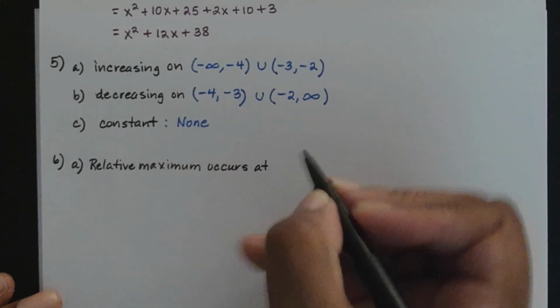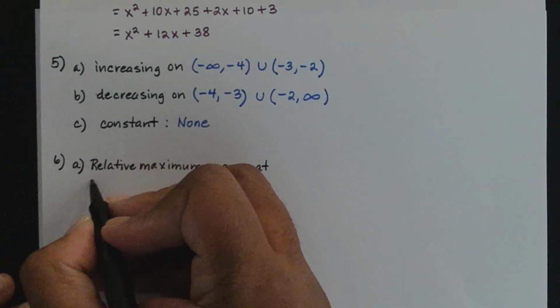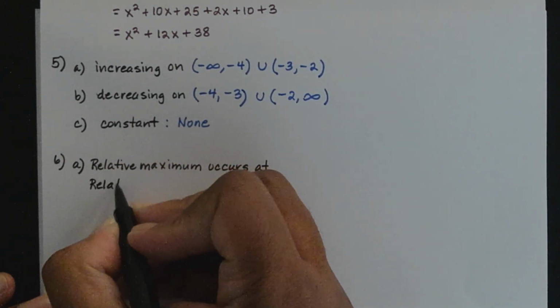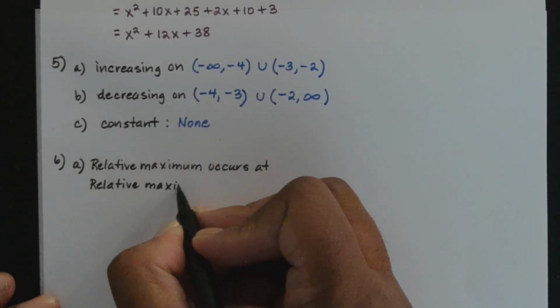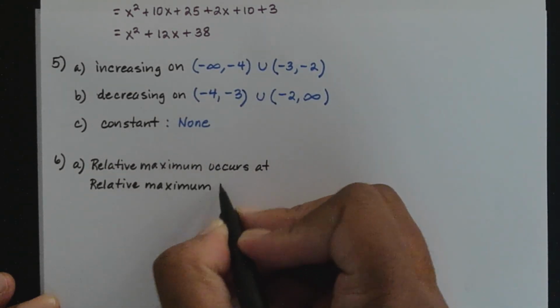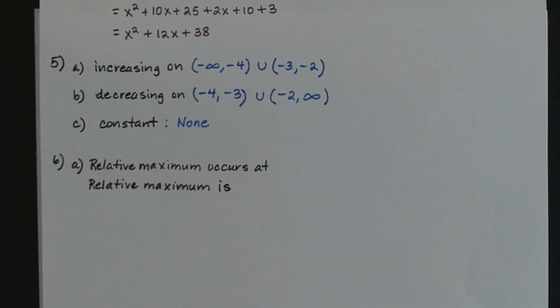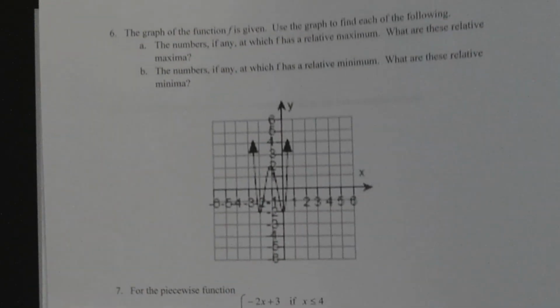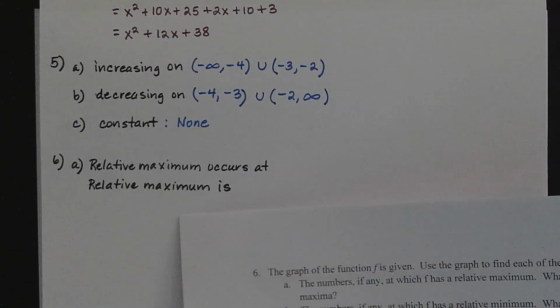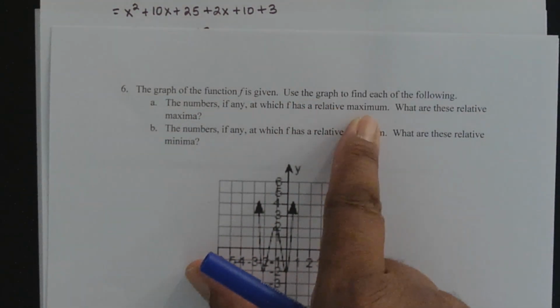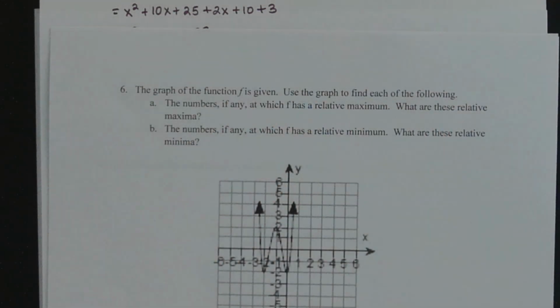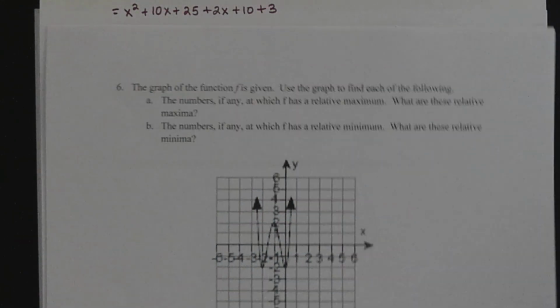That means we're trying to find that x value itself, and then the relative maximum would be your y value. Yeah, because you want the x value for which it has a relative maximum, and then they ask for what is the relative maximum, which is going to be that y value.